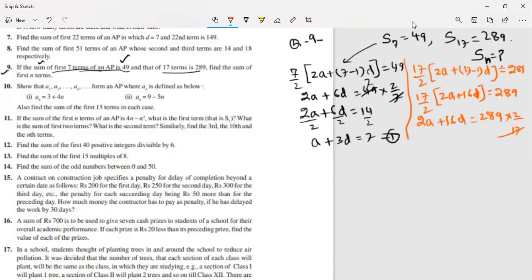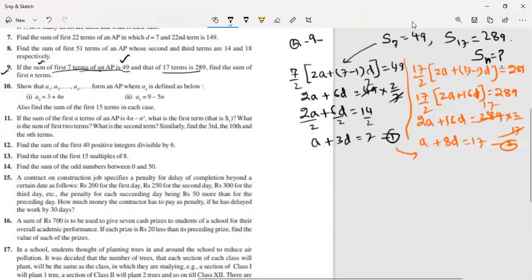And 17, 17s are 289. And the whole equation is divisible by 2. So divide this by 2, all three sides. So it will become a plus 8d, 2 8s are 16, and the 2s will cancel, equals 17. Equation number 2. And then subtract 1 from 2.